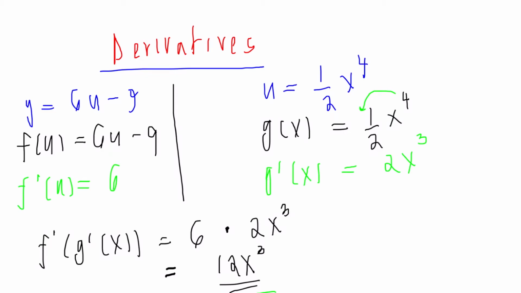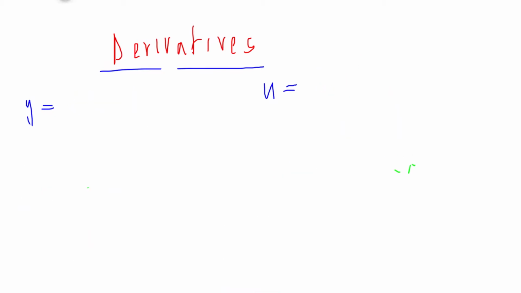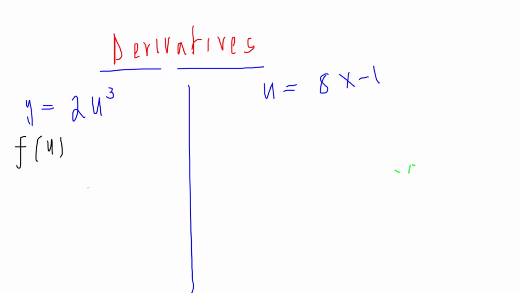Okay, now let's take another example. Let's say we have the function y equals 2u cubed, where u equals 8x minus 1. Now we need to find the derivative of each one. Since y is a function of u, we can call it f of u, just to simplify things. So f of u is equal to 2u cubed, while u is a function of x, so g of x is equal to 8x minus 1.